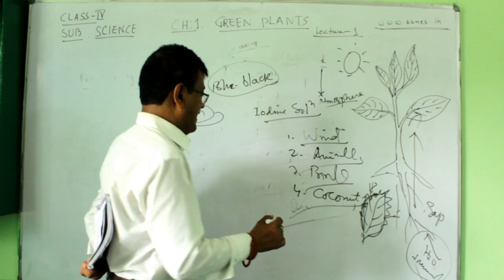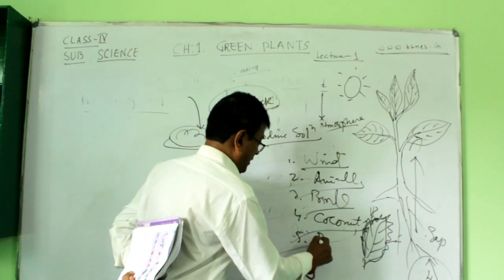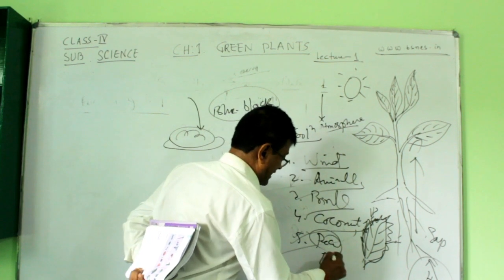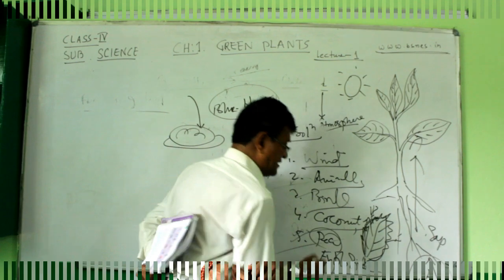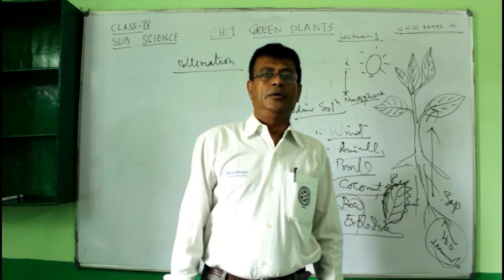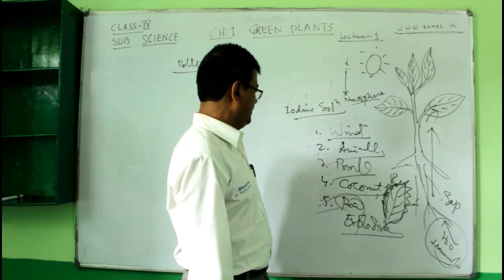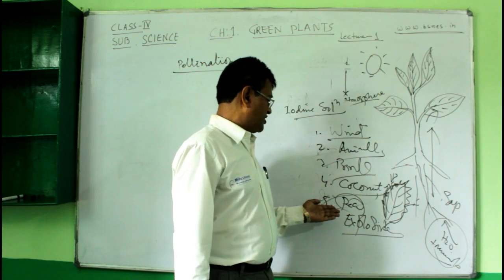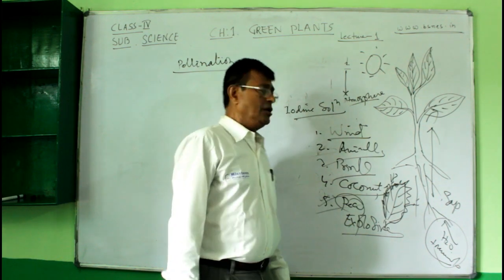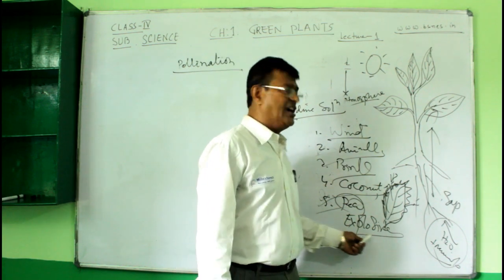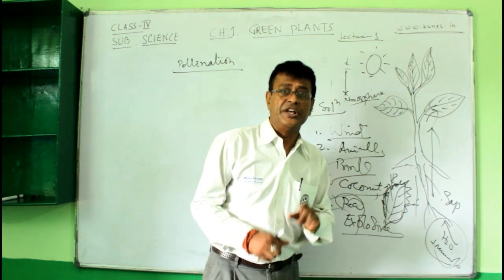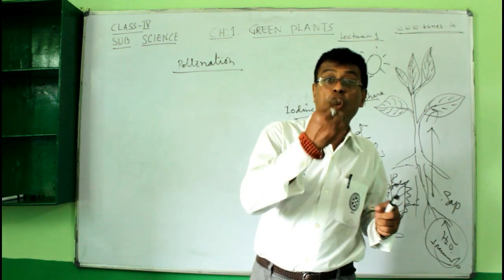Another mechanism is found in pea. What is that? It is known as the explosive mechanism. Well, children, while we are discussing the dispersal of seeds, we have come to the last type, that is dispersal by the explosive mechanism. You see, the pea pods are there.